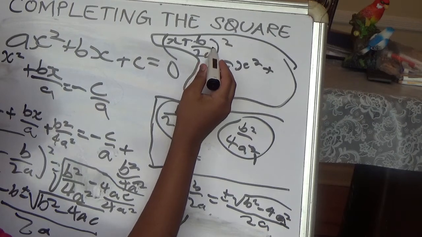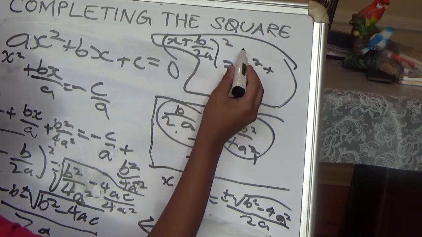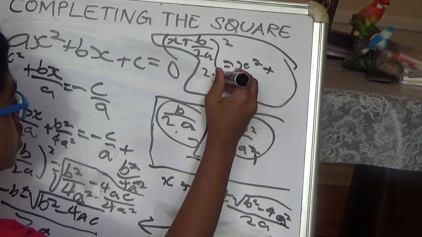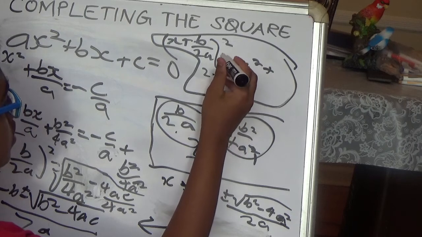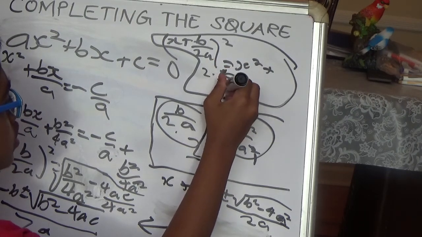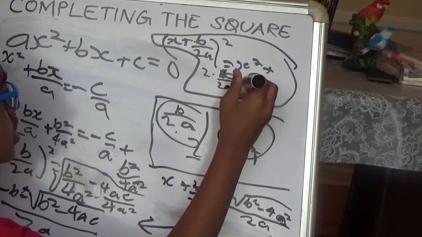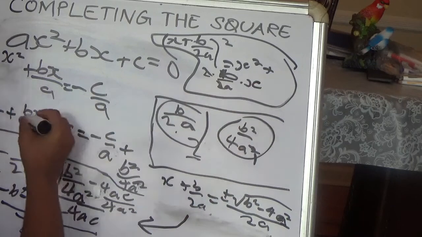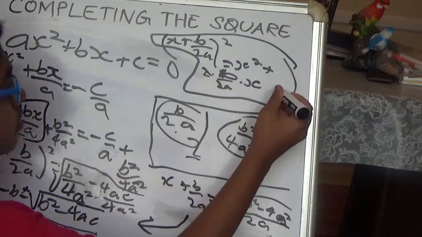so 2 times b over 2a times x. The 2's cancel. You get bx over a, which is our middle term.